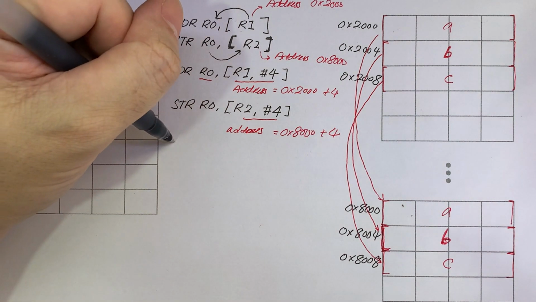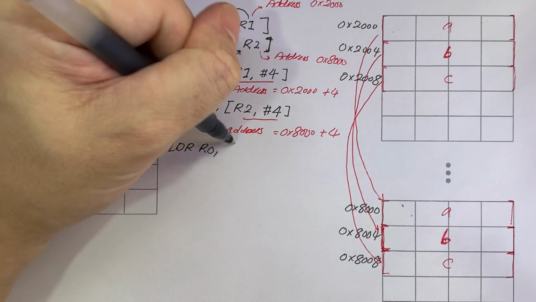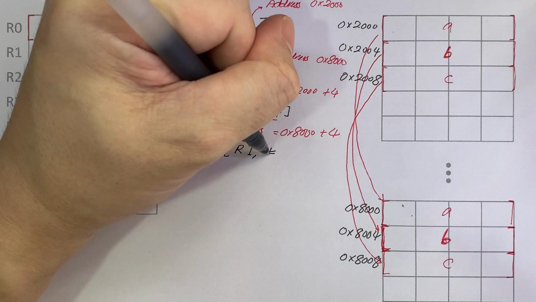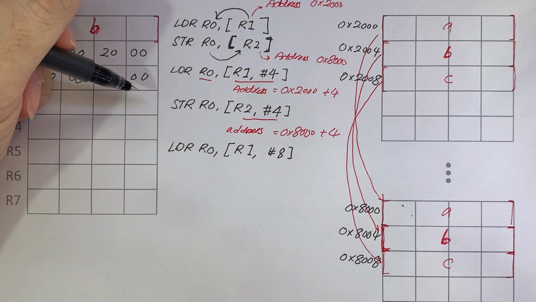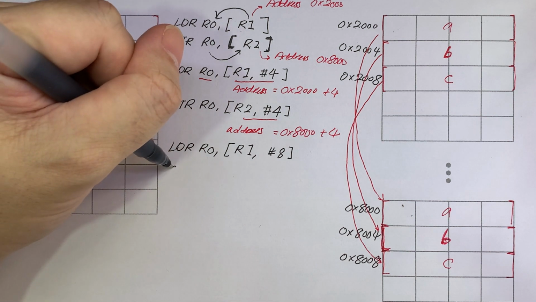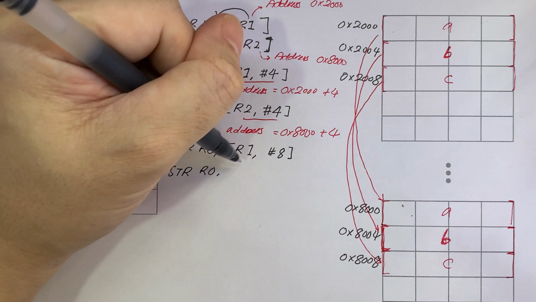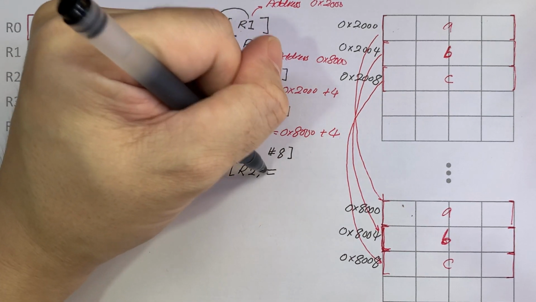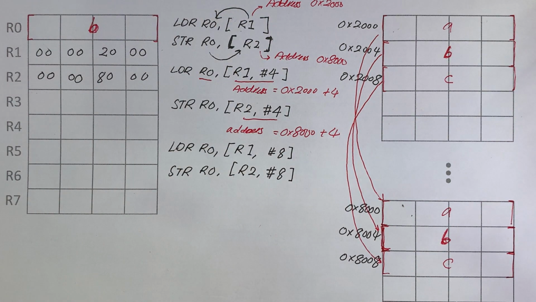Right, I can repeat the same process with R1, and the offset is supposed to be 8. And then finally I could store my R0 back to memory of R2, and again with offset 8.